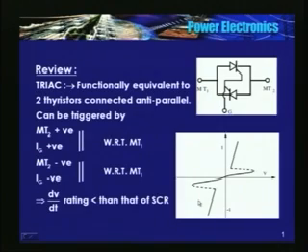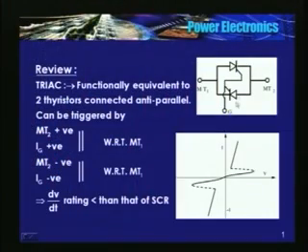Okay. So what is the difference between an SCR and a Triac? The dV by dt rating for a Triac is less compared to that of an SCR. A Triac has less time to recover to the blocking mode compared to an SCR. Why? See, in the circuit, at any given time, if this device is reverse biased, this gets forward biased.